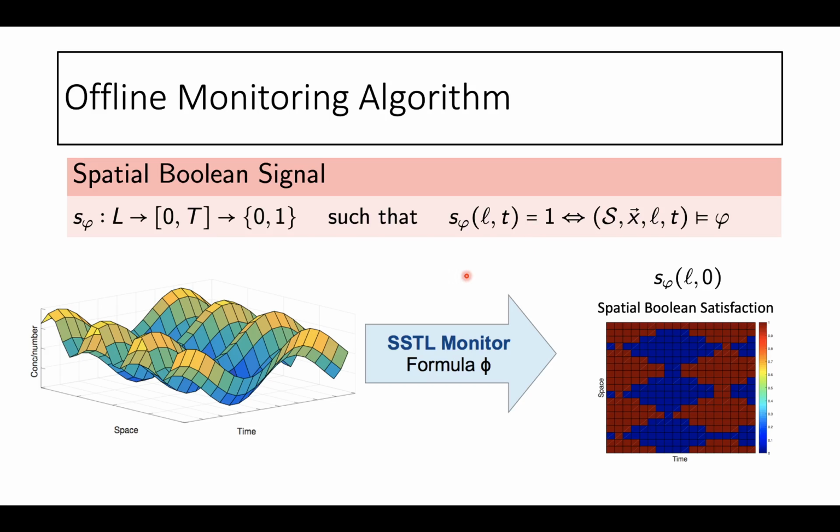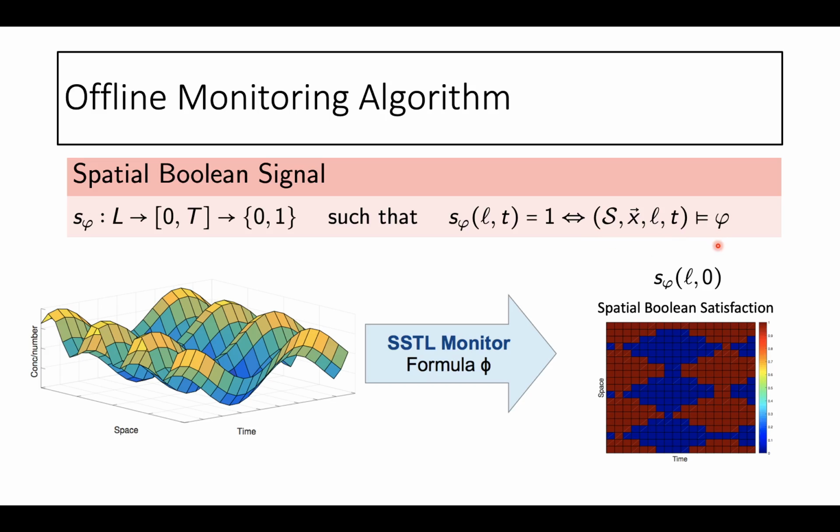So as for STL, we have a spatial Boolean signal S, such that the signal in location L at time t is equal to 1 if and only if our space model and spatio-temporal trajectory in location L at time t satisfy the property.